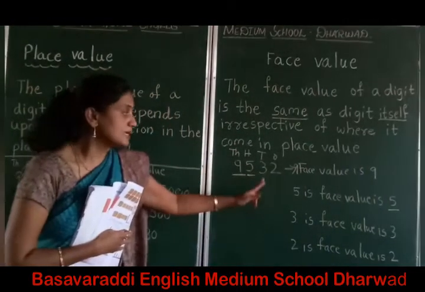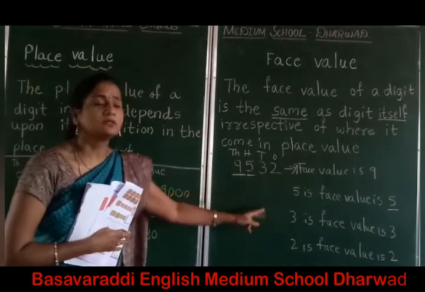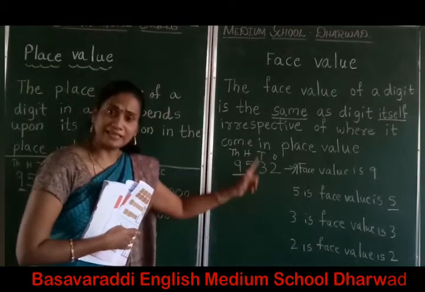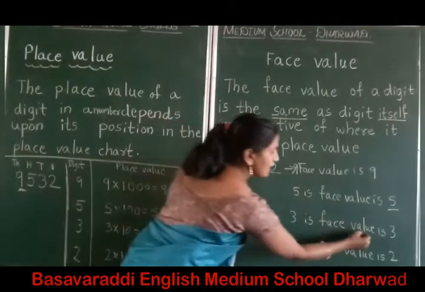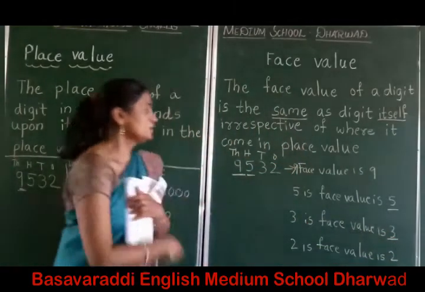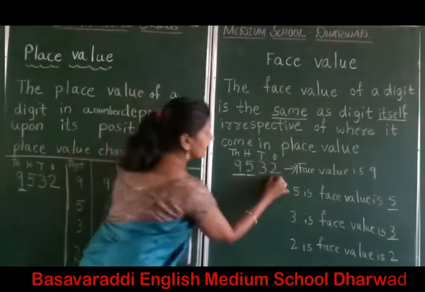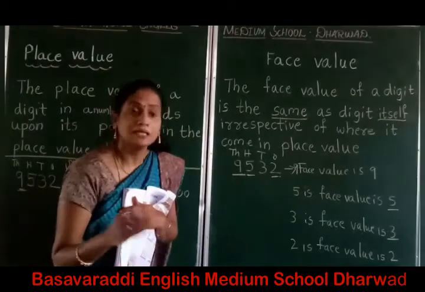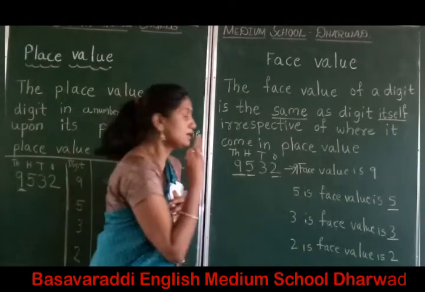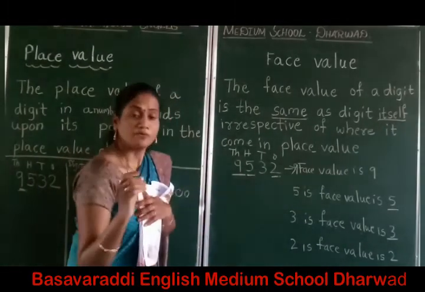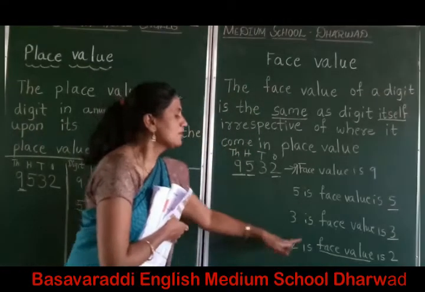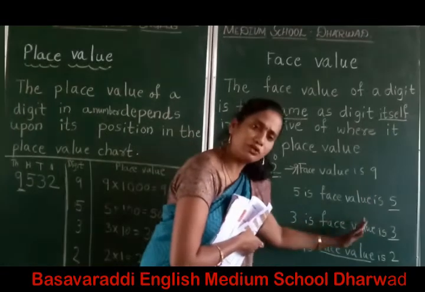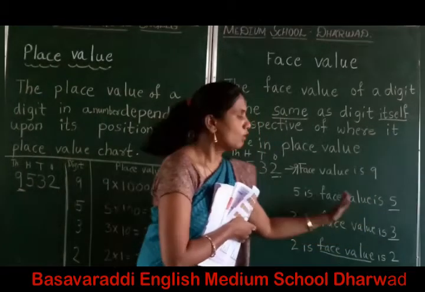Then 3 face value is only 3. The same itself is coming. Now 2 is where? That is a 1's place, the place value is 2. Now we want face value. So face value of 2 is 2 only. Got the point? Okay.